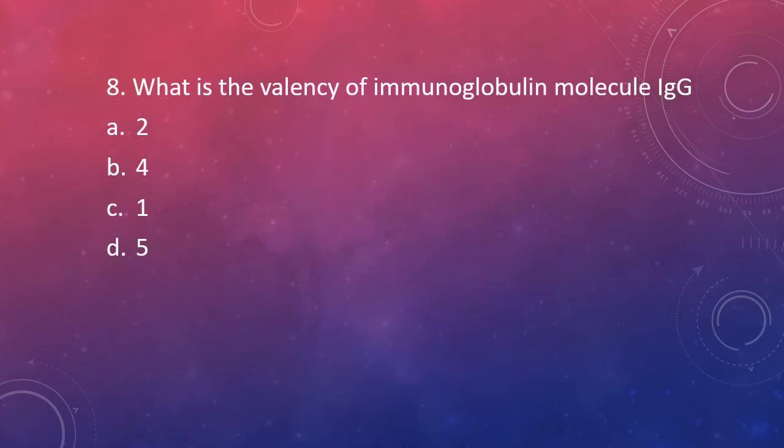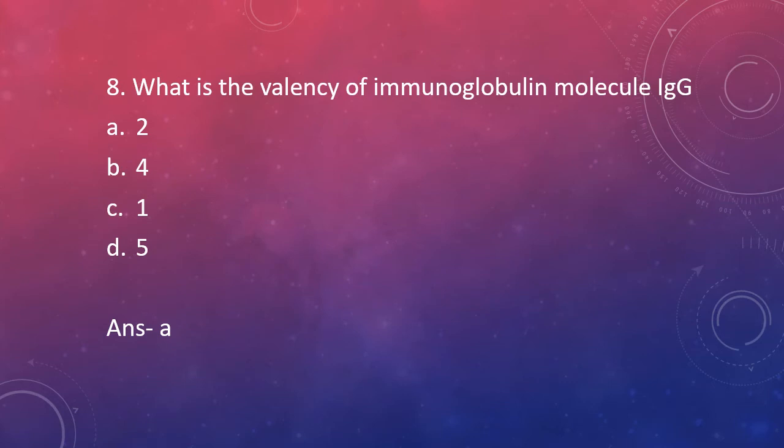Question 8. What is the valency of immunoglobulin molecule IgG? Option A, 2, option B, 4, option C, 1, or option D, 5. The correct answer is option A, 2. Now what does valency refer to?